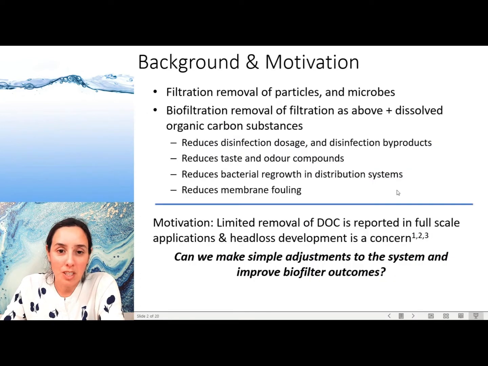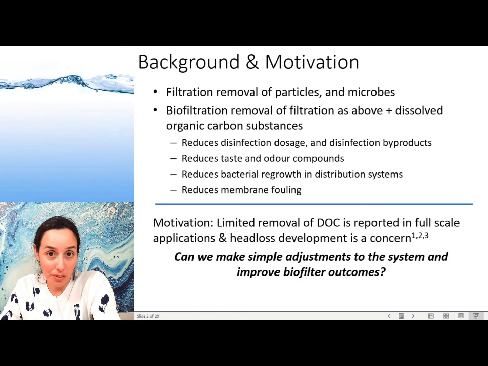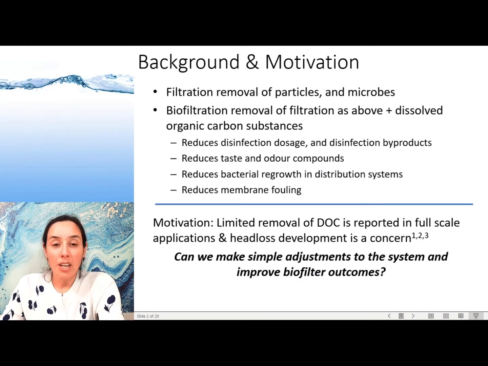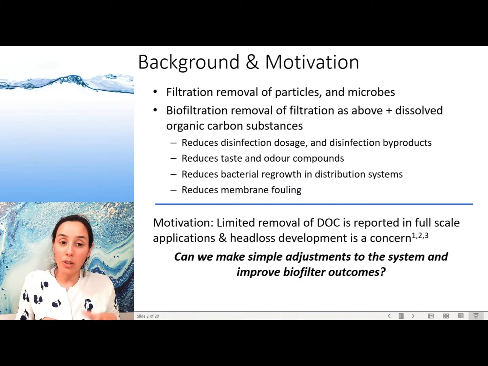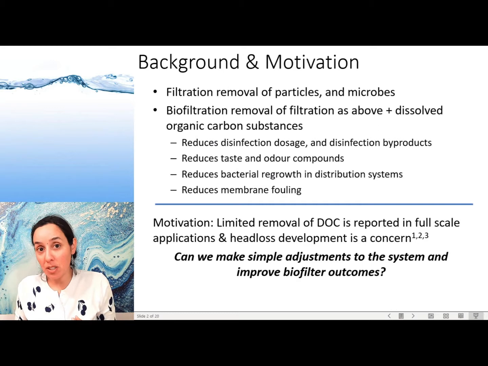First of all, I'm just going to jump into a real quick background and motivation. In water treatment, we use filtration to help remove fine particles and microbes from solution to help generate safer water to drink. You can have filters that don't have any microbial action on them, or you can allow beneficial local microbes to develop on the filters, and this is called biofiltration.